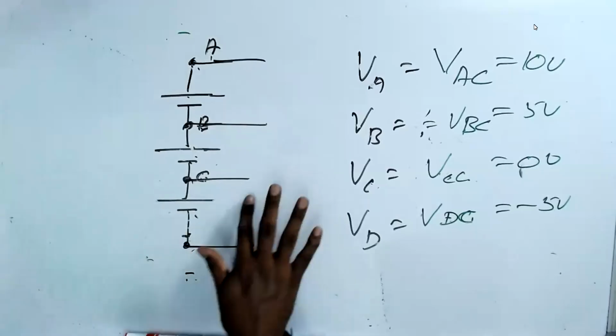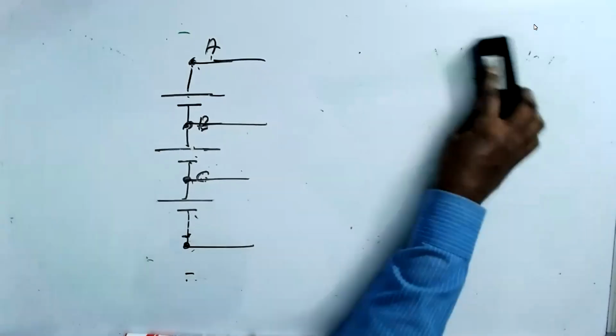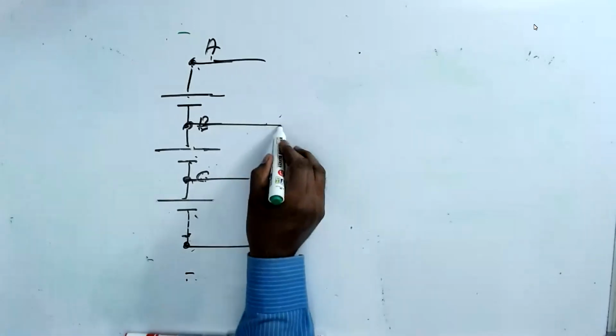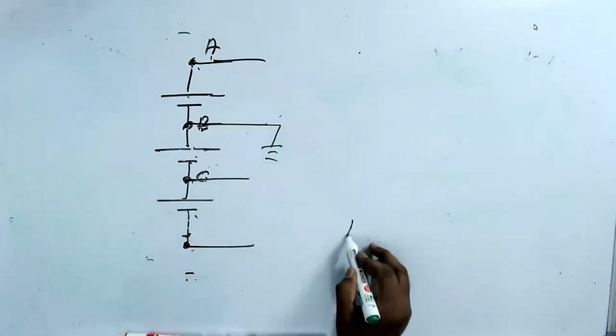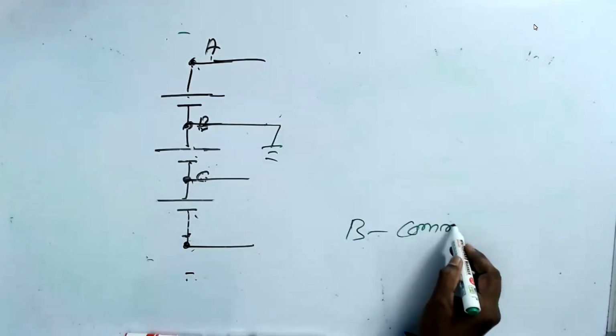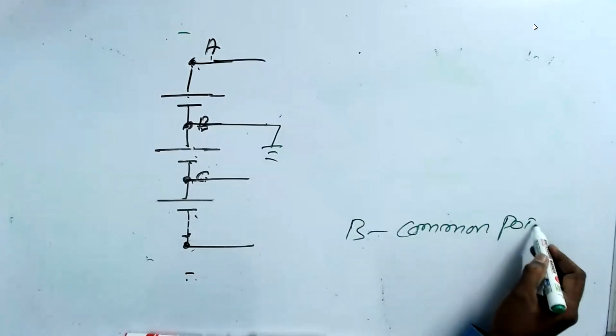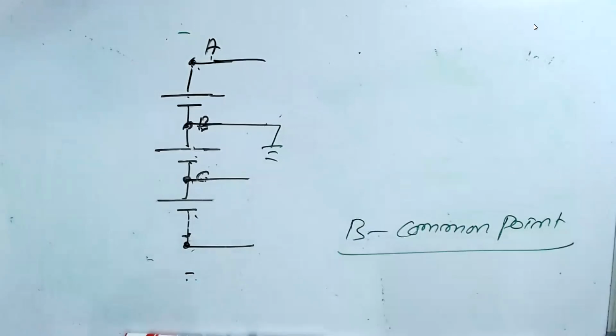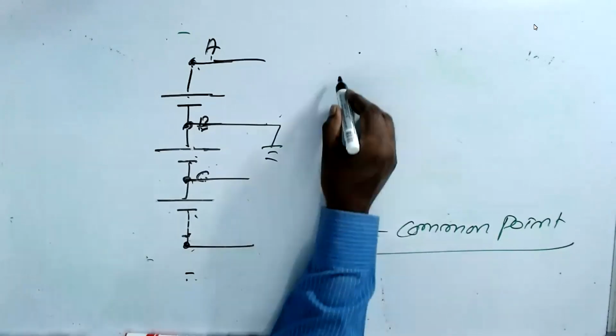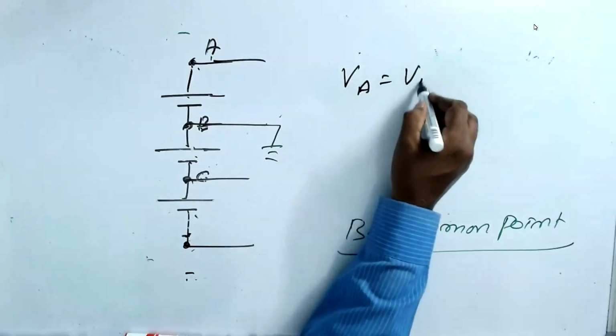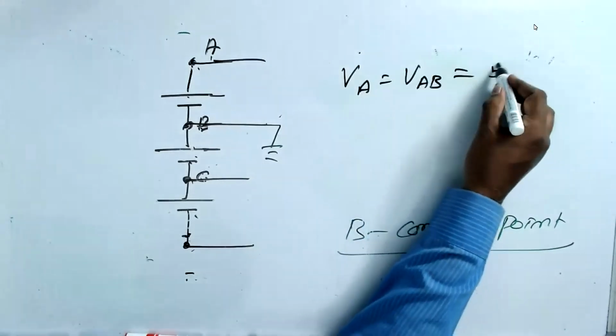Now the same thing, think of it. If I make a circuit, if I make this B as a ground, B as a common point, then what happens? VA is equal to VAB is equal to 5 volt.